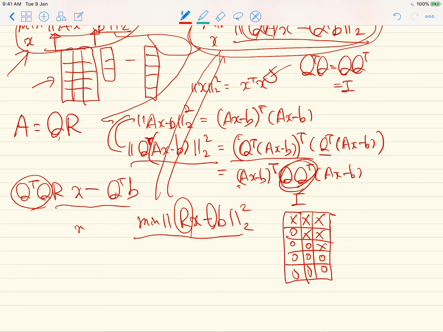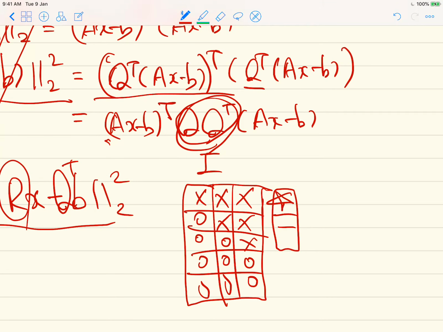Oops, sorry. Well, we need a Q transpose over here, right? Okay, so this X mark is indicating a non-zero value, and then we have to compute this vector x, which is our variable, and Q transpose b is in general a full vector, like all non-zero vector. Yes, some non-zero one. Okay.